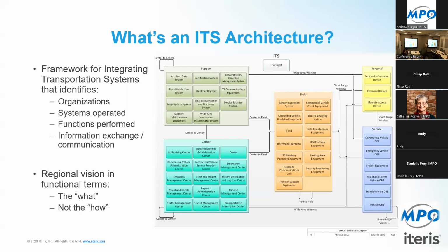So if we take this national architecture, we create a regional vision based on that in functional terms. This is all about what? It's not about how. It's not about the technology. It's about what we need to do, the functions we perform to address the issues that we have in the transportation system and need to manage.